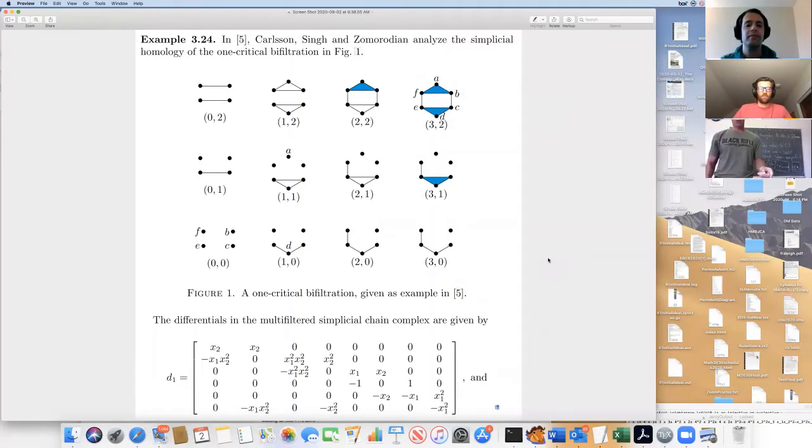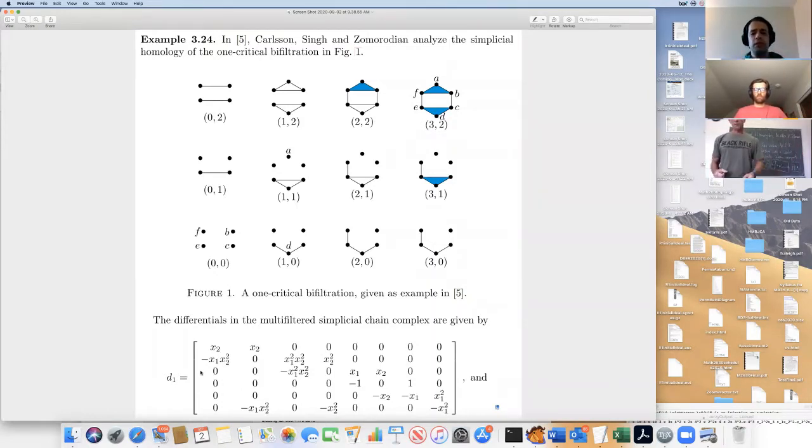So let's look at what the differentials are for this bifiltration. The idea is that this is just ordinary old simplicial homology, except that we have to decorate it to keep track of the degrees where things appear. I want to look at the first boundary map, which maps from edges to vertices, seen at the bottom of the page.